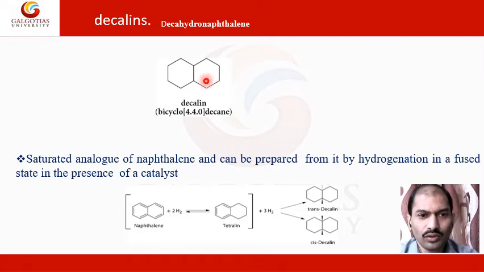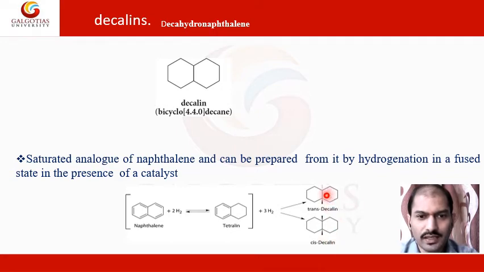Once you take the naphthalene molecule and hydrogenate it, you will see tetralin, another molecule, form. Further, once you reduce it with hydrogen, you will get two forms, the cis and trans forms of decalin.